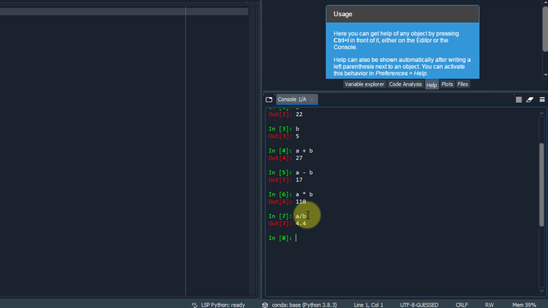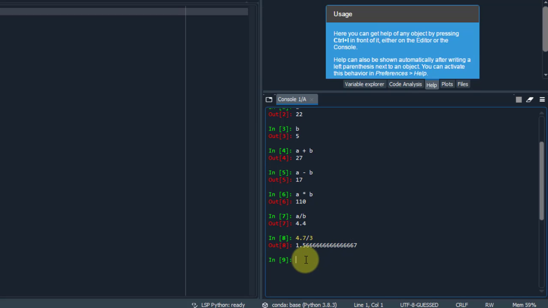It doesn't matter if we are dividing integers or floats, our result is always going to be a float. So I'm going to try dividing some floats, maybe 4.7 divided by 3. We get a float as the answer. So it doesn't matter if our operands are integers or floats, our result is still going to be a float.